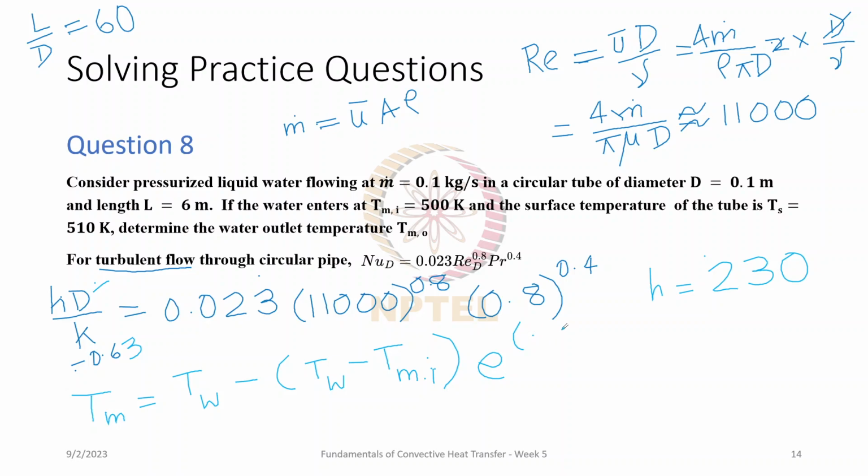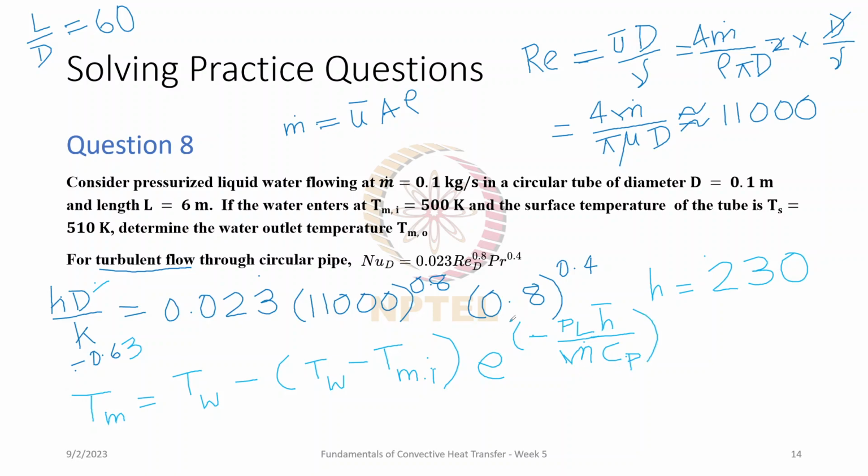So e to the power minus Px, but since we're interested in the outlet temperature, we will write it as PL divided by m dot Cp into h bar.